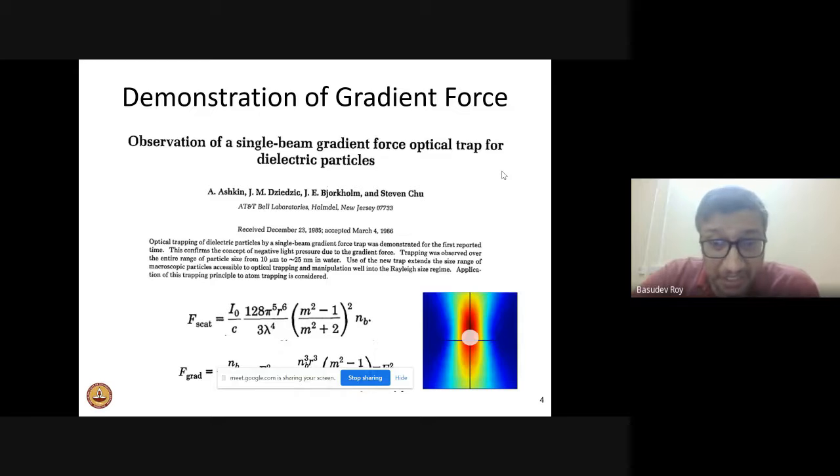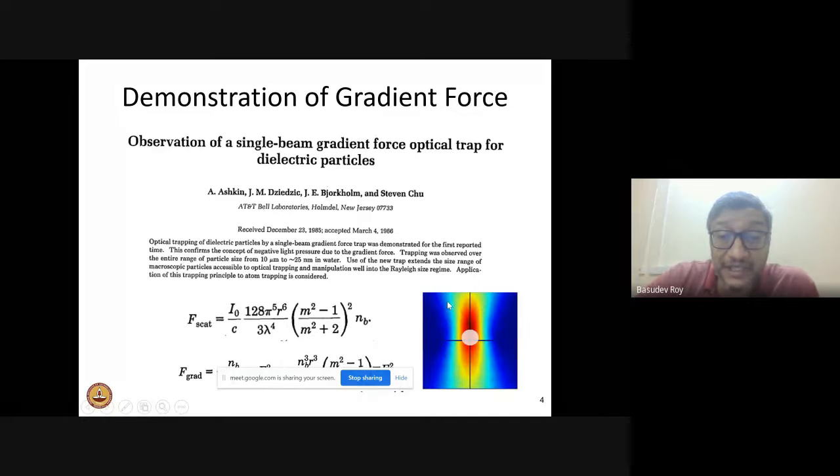The force was known as the gradient force, because that goes as the gradient of the intensity. And the scattering force tries to destabilize it out of the trap.